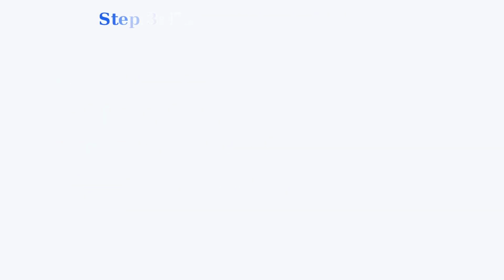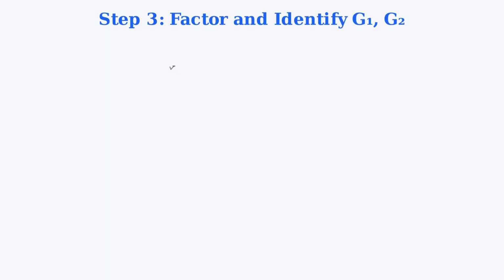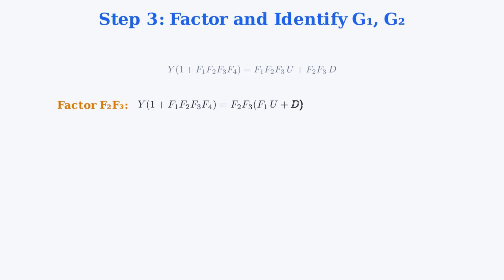Step 3. Factor and identify G1 and G2. From our equation, Y times 1 plus F1 F2 F3 F4 equals F1 F2 F3 U plus F2 F3 D. Notice that F2 F3 is a common factor on the right side. Factor it out.